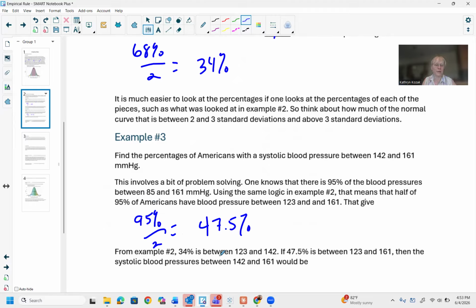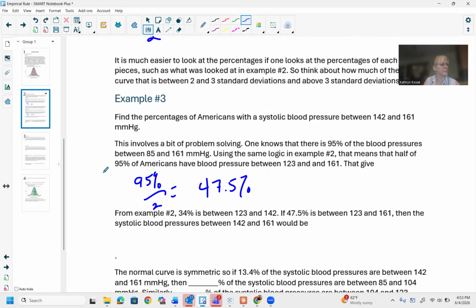From example number 2, 34% is between 123 and 142. If 47.5% is between 123 and 161, then the systolic blood pressure between 142 and 161 would be the 47.5% minus the 34%, which is equal to 13.5%.